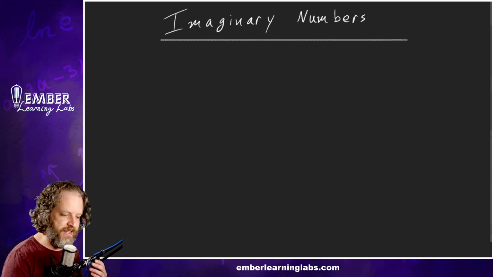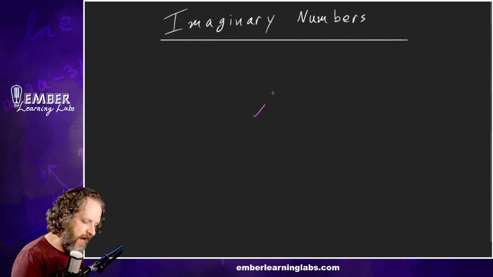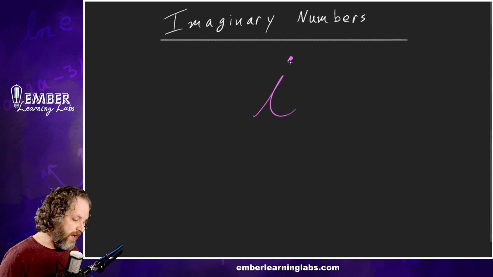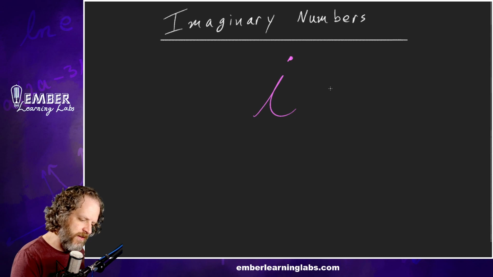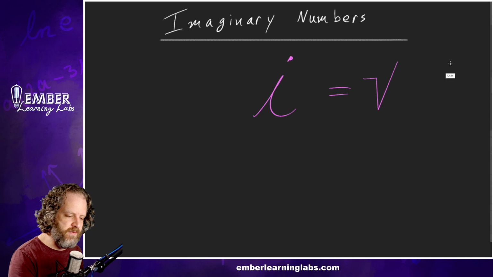So, like I said, let's put some details in here. We're talking about i. What is i in math, in this context? i is the square root of -1.